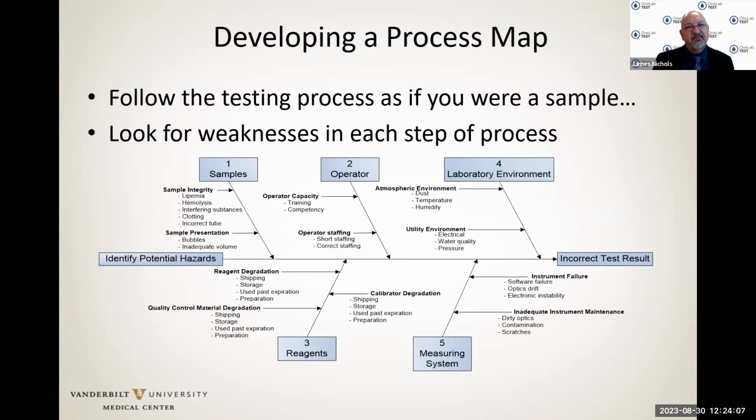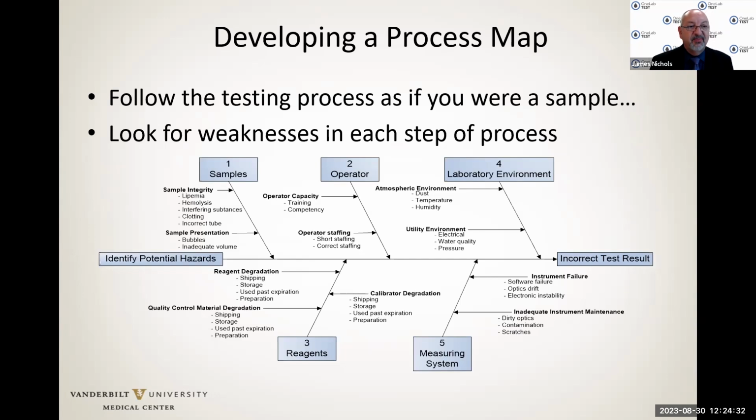As we develop our process map, we want to follow the testing process as if we were a sample. And we want to consider pre-analytic, analytic, and post-analytic phases of testing, as well as samples, what can go wrong with the sample, operators, their training, their competency, things like short staffing.